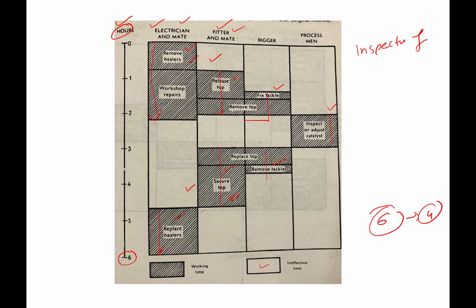This is what can be identified only through the critical examination. Once it is done, you will see an improvement or saving of 2 hours out of the 6 hours cycle. So this is a significant improvement as far as productivity is concerned. This is what is there in the multiple activity chart.